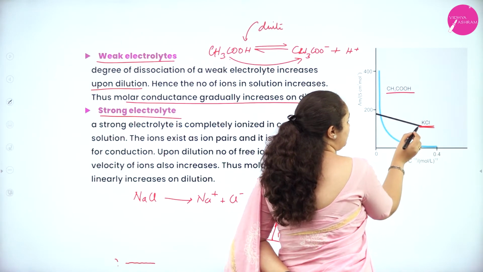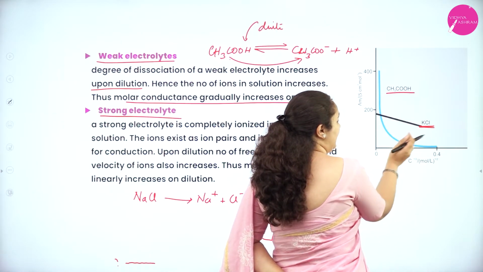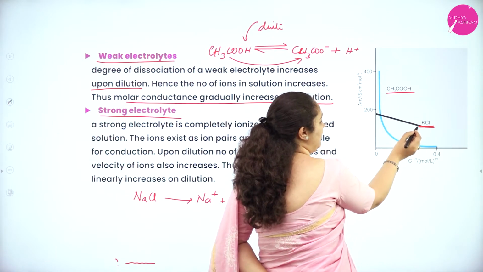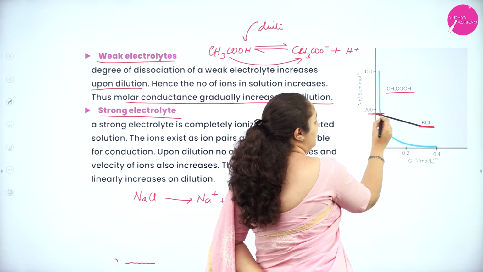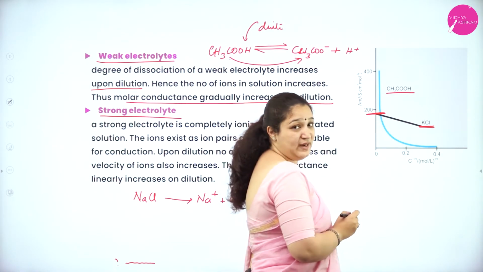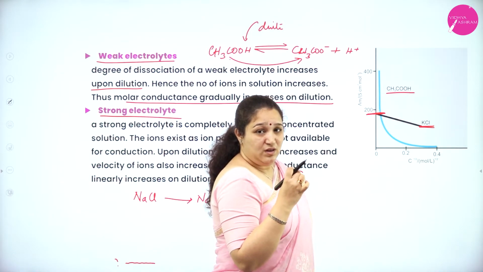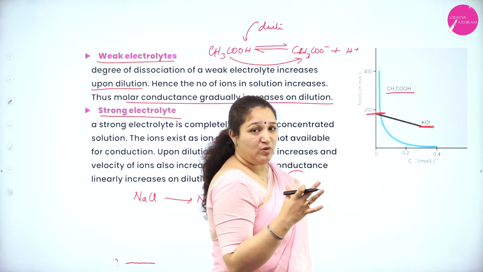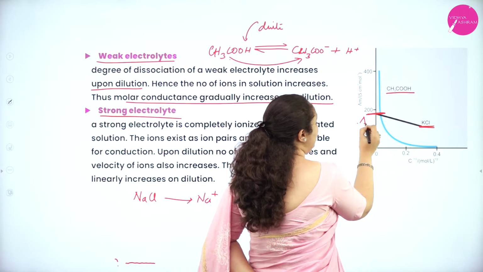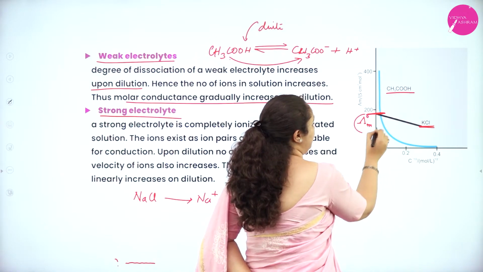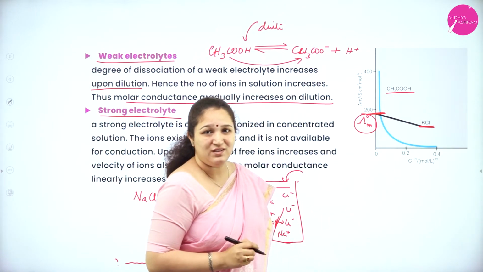Whereas for a strong electrolyte, as you dilute, becomes more and more dilute, the molar conductivity goes on increasing. If you extrapolate, when the dilution is 0, that is called the limiting molar conductivity. More about this I shall talk in the coming slides.